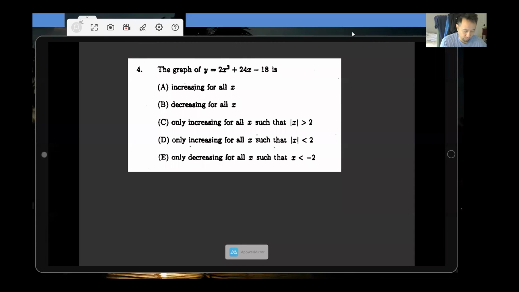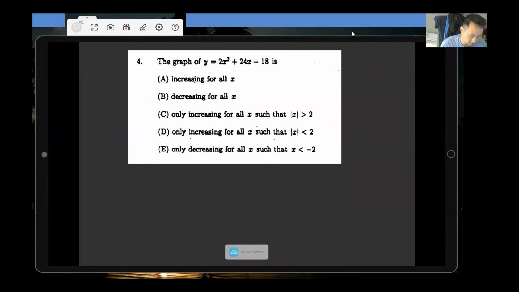Okay, so this is number 4, still in packet 5. Okay, so it says a graph of this is any one of these choices, and right off the bat, you guys should be looking at these words increasing and decreasing, because that's first derivative, that's slope stuff, right? So let's go ahead and find the first derivative, which is going to be y prime equals 6x squared plus 24.